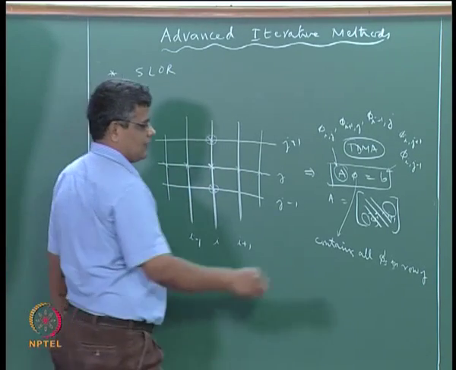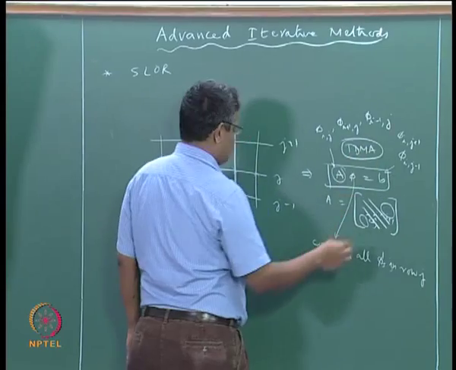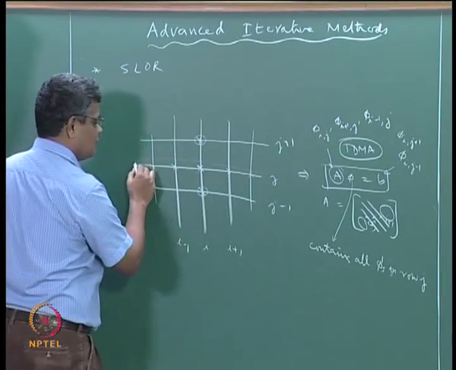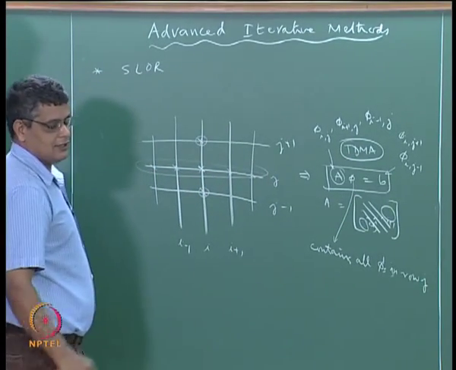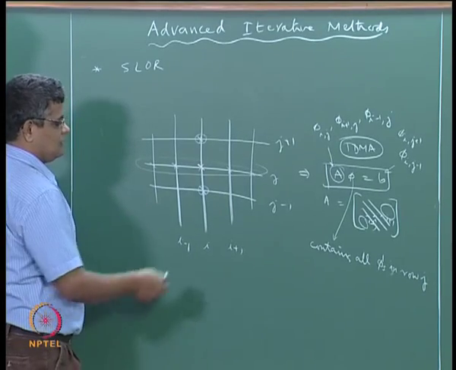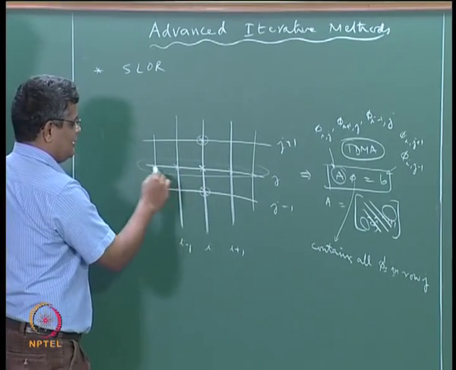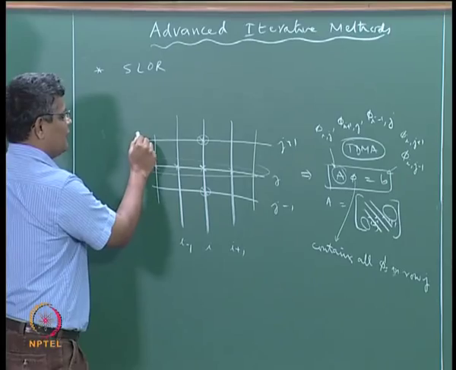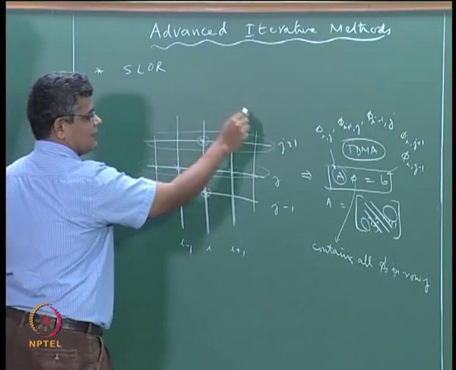Okay, so we can make use of the efficient TDMA scheme to get all these values in one go with assumed values of this. Once we determine this, then we go to the next row and then the higher row like this.